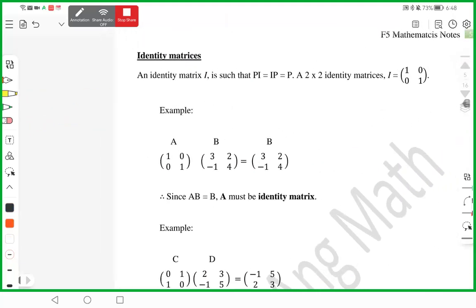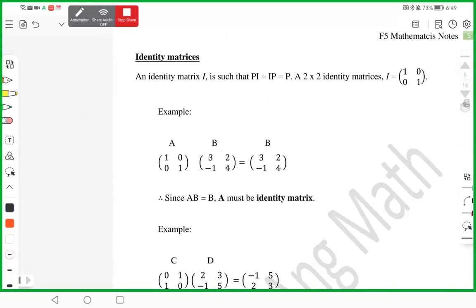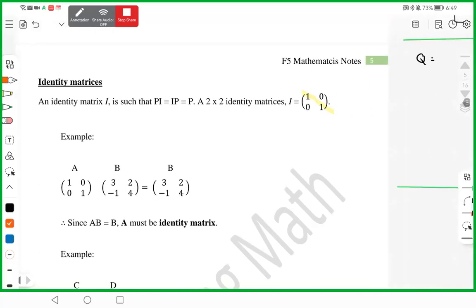Now, in matrix form we also have something like number 1. We call it the identity matrix. What you can see in the matrix is the diagonal is all number 1. Diagonal means like this.